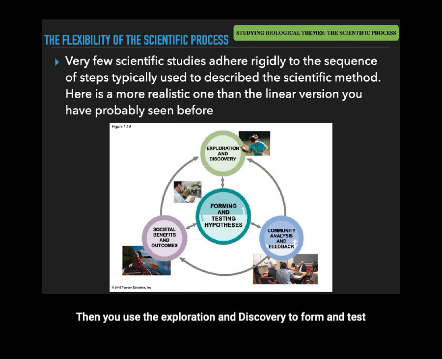Then you use the exploration and discovery to form and test a hypothesis, again, some of the deductive reasoning. After you come up with some of your basic results, you'll go and use the community analysis and feedback. This is the scientific community. So your peers, your lab group, you're going to get some feedback to determine whether or not your overall method and your results are strong and sound. And then you can look at societal benefits and outcomes.